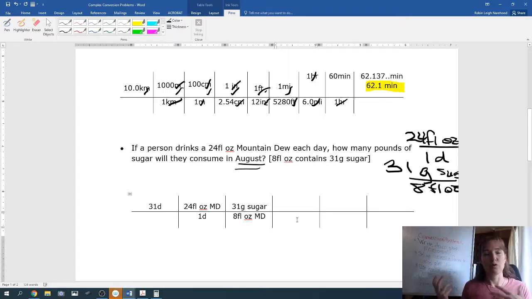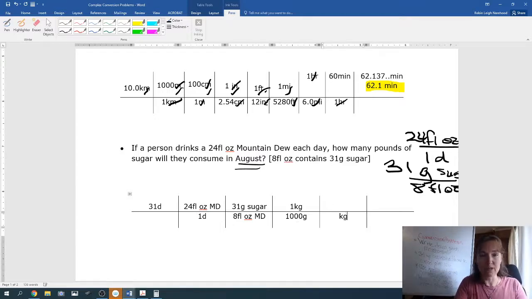So we want to go to pounds, and we've done a problem like this in a previous video. I usually go to kilograms and then from kilograms to pounds. And so I want to get rid of grams and go to kilograms. If you use the same kinds of conversion factors over and over, it makes them much easier to recall. There's 1,000 grams in a kilogram. That's just a metric conversion factor.